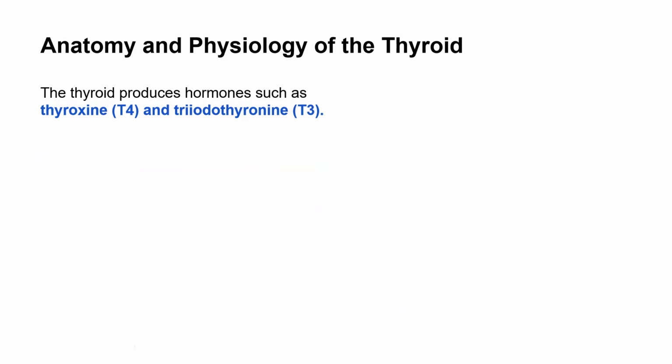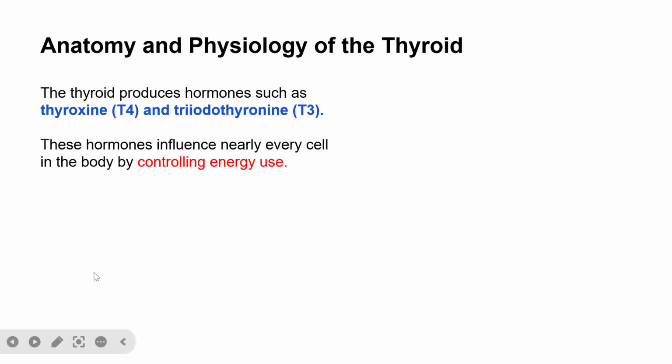So thyroxine, T4, and triiodothyronine are the hormones that are secreted by the thyroid gland. Basically, these are the two hormones that are produced in this gland. So it produces T3 and T4, thyroxine and triiodothyronine.